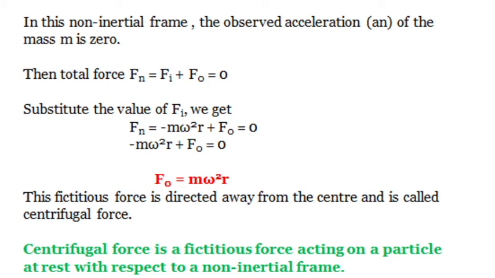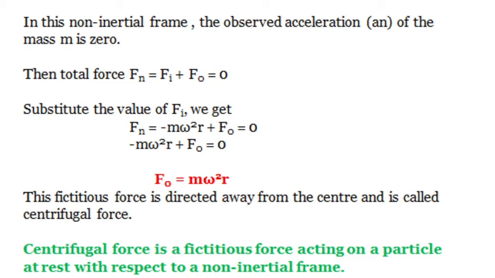So here the acceleration an is 0, but the total force should be calculated using the equation Fn is equal to Fi plus Fo, that is the force in the inertial frame plus the fictitious force Fo, which is equal to 0. Okay, if a is equal to 0, m into a gives force.